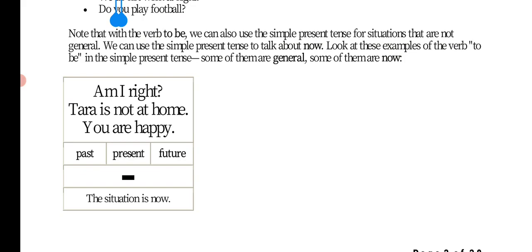For example, the train arrives at 6 a.m. If you look at the structure, the train is the subject plus main verb arrives, at is a preposition, and 6 a.m. is the time. So it actually denotes the future. Or we can say the prime minister arrives tomorrow in Dehradun.